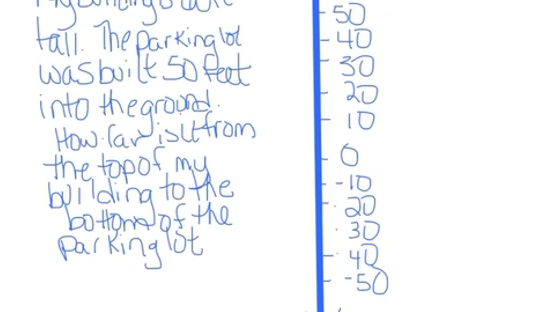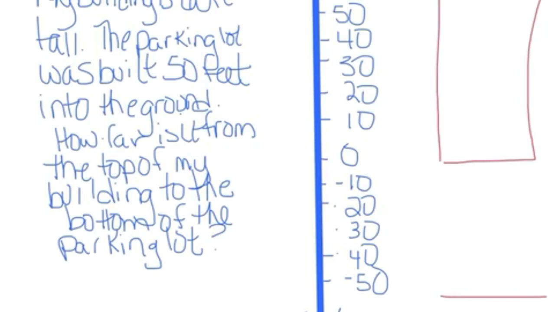Okay, so what we are facing here is looking at our building is up here. This is where our building is. It is 60 feet above the ground. The parking lot is way down here, built at -50.